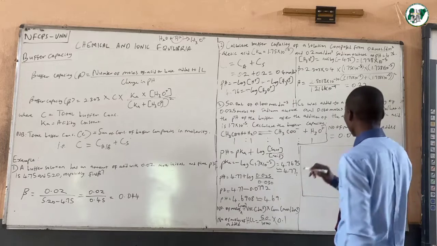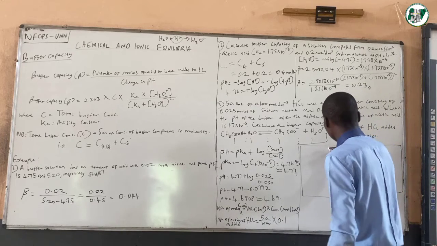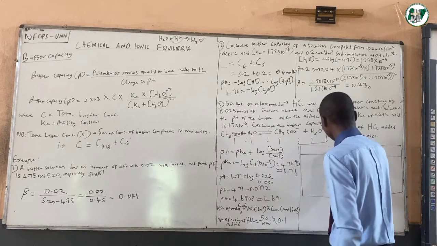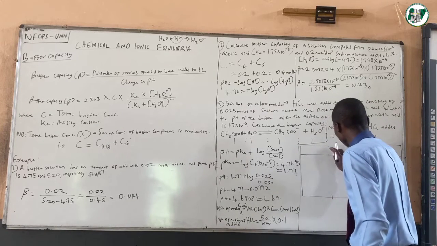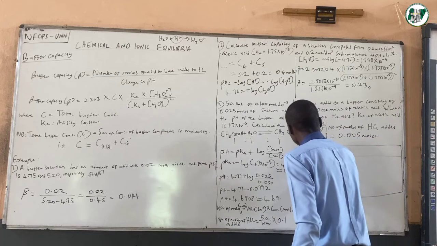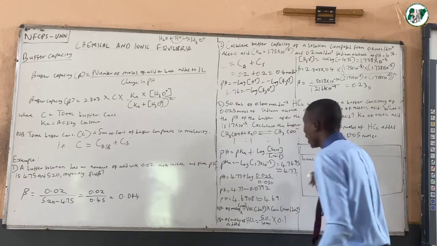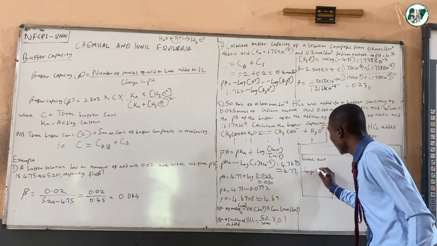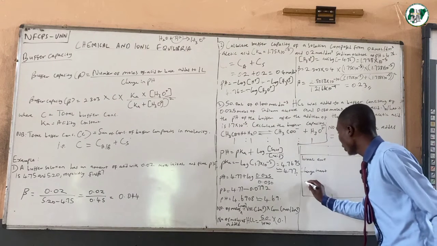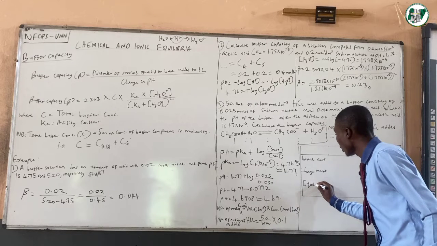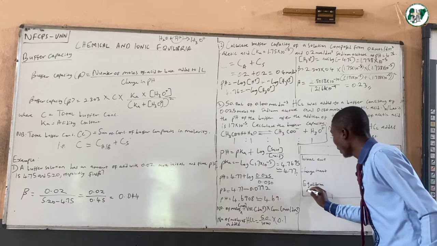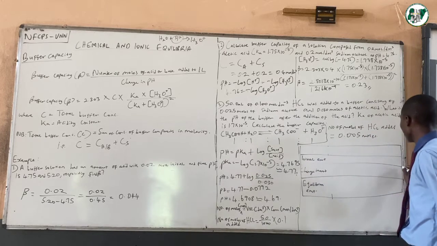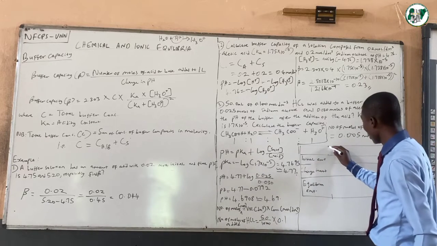So for the ICE table, we'll have our initial amount, then our change in amounts, and then our equilibrium amount.